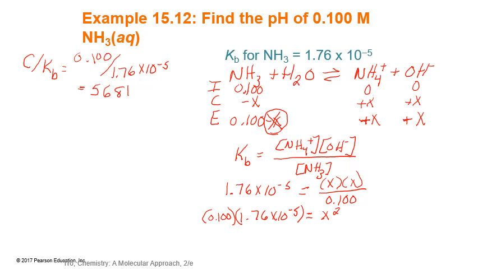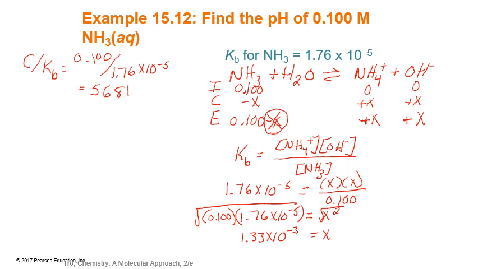Equals X squared. We take the square root of both sides, and we find that X is equal to 1.33 times 10 to the negative third.